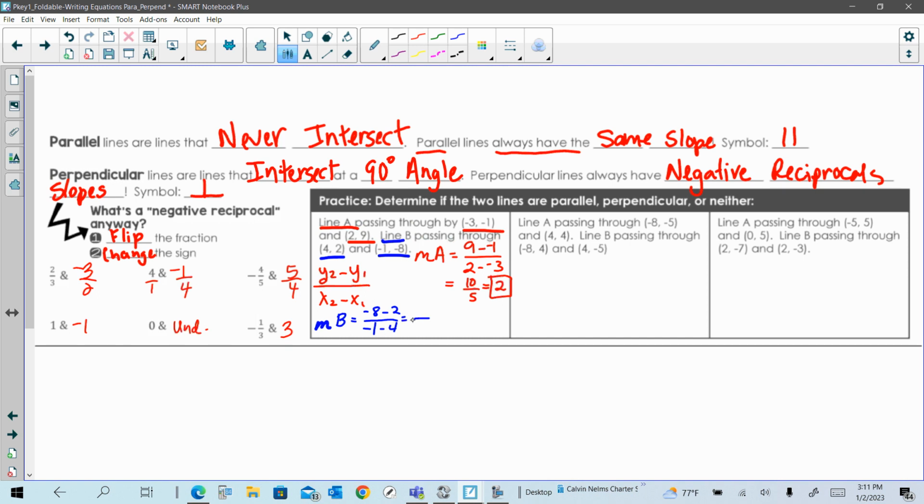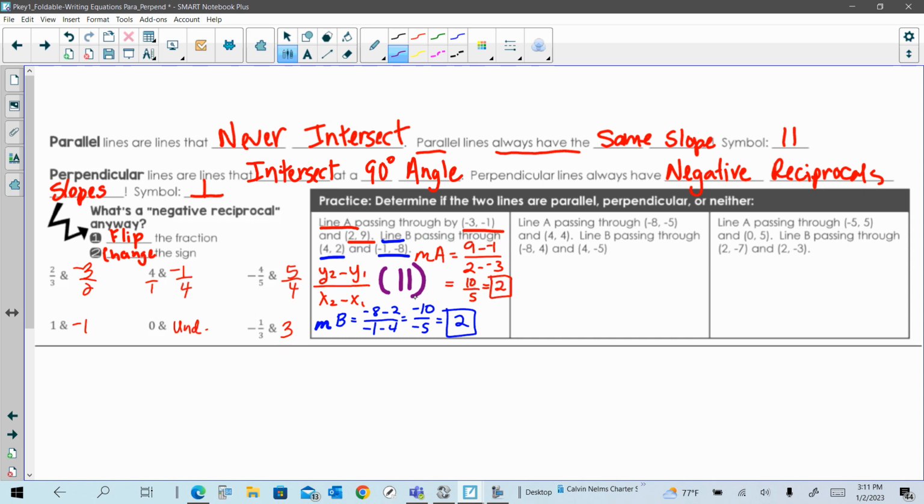When I do my computation, this becomes -10 over -5. A negative divided by a negative turns that into a positive 2. Since I see these are the same slope, these two lines would end up being parallel.